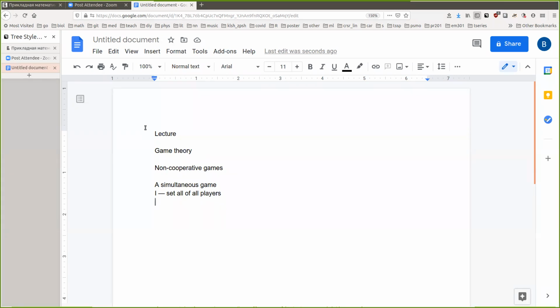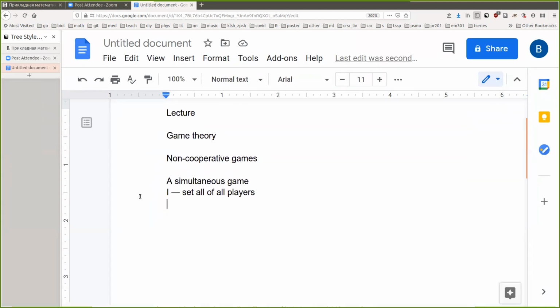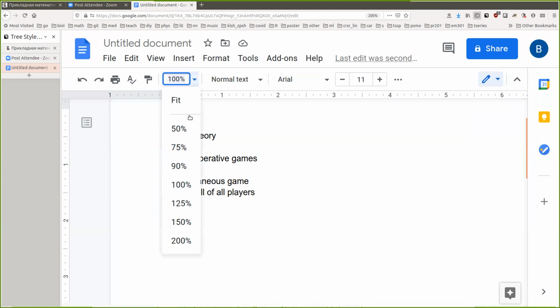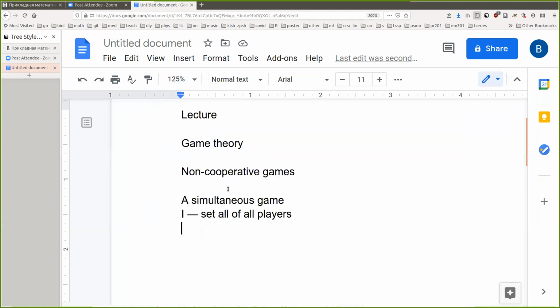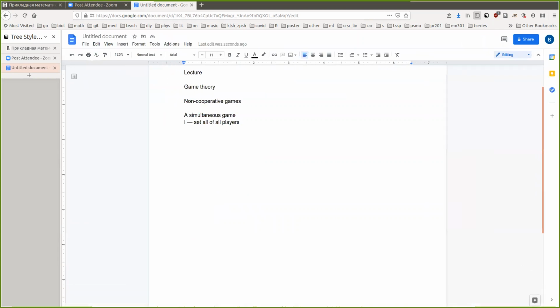Could you zoom a little bit? Don't be shy. Okay, let's make smaller box fields but bigger normal text.